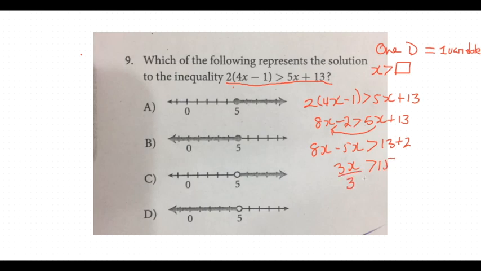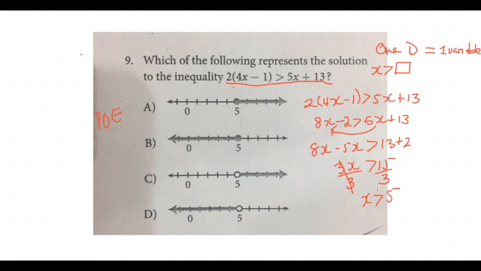And we divide by 3 to get x. So you would get x is greater than 5. Once it's just greater than, it means that you have an open dot. So here's where we're going to use the method called PO, which is process of elimination.